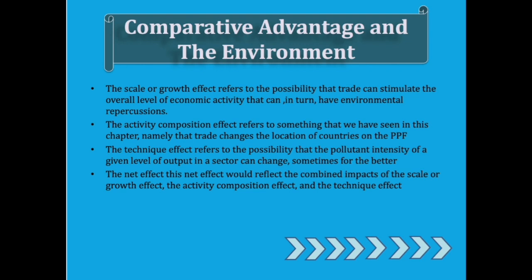Also, there is the technique effect, which refers to the possibility that the pollutant intensity of a given level of output in a sector can change, sometimes for the better. For example, there is emission trading.